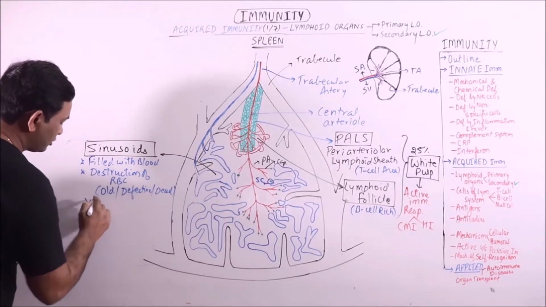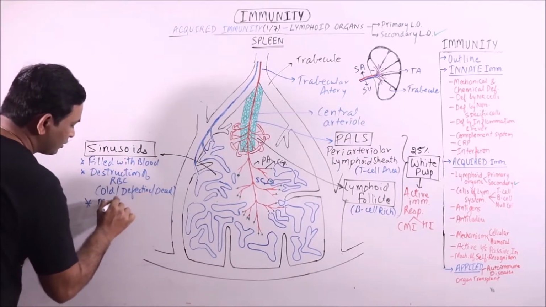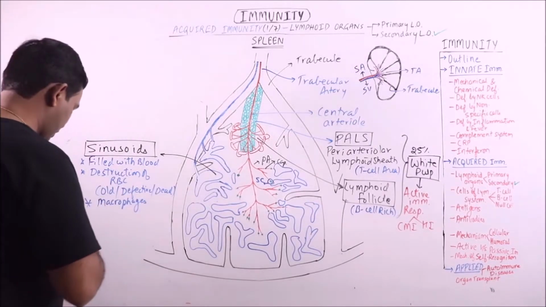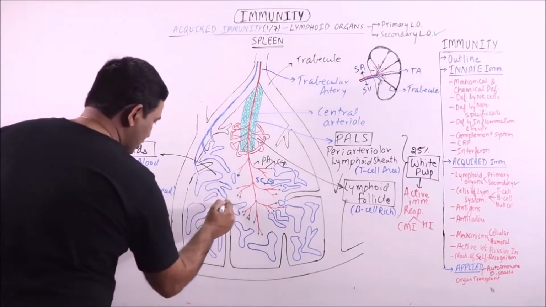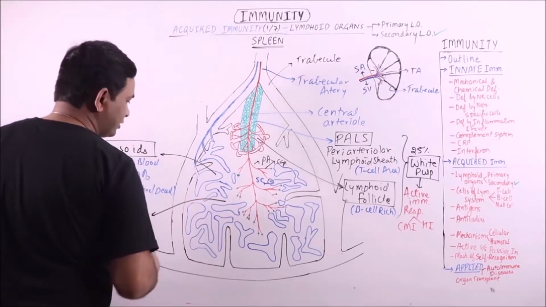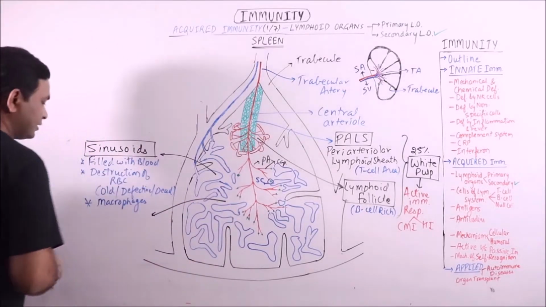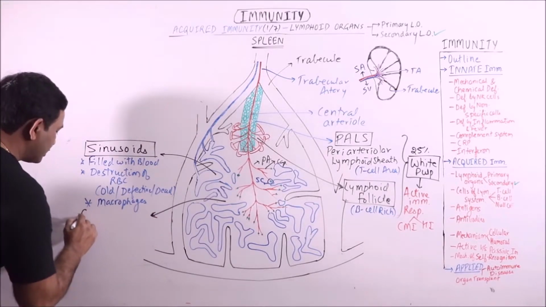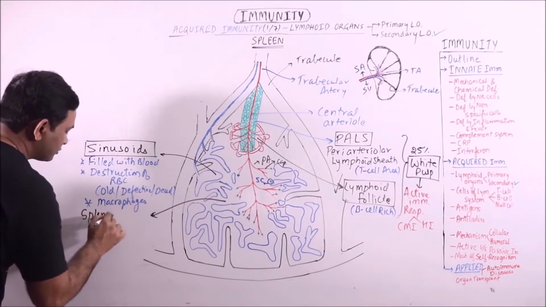Sinusoids also have macrophages, and the cord-like spaces in between the sinusoids, which represent the connective tissue of the spleen, are termed splenic cords.